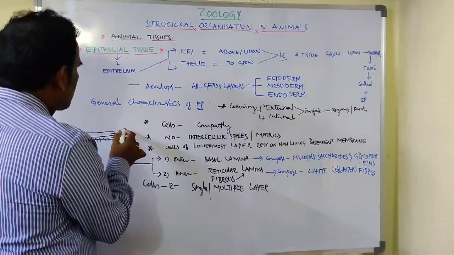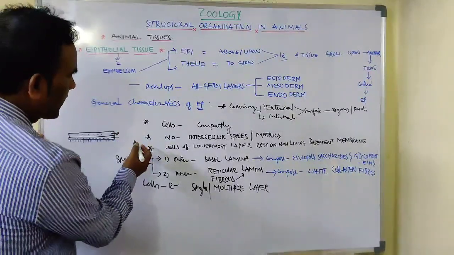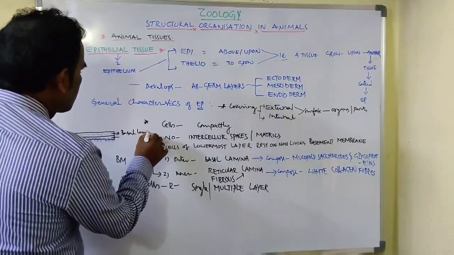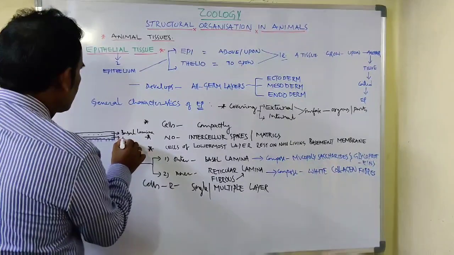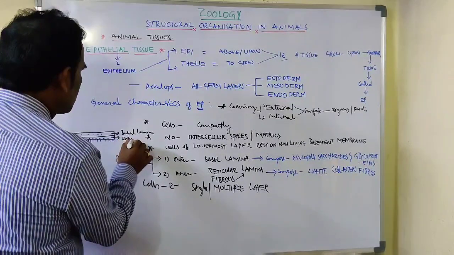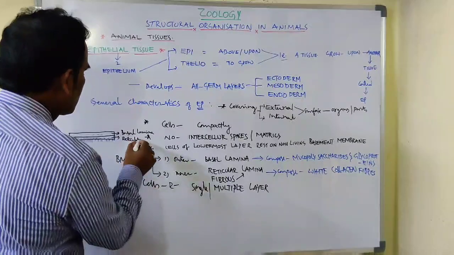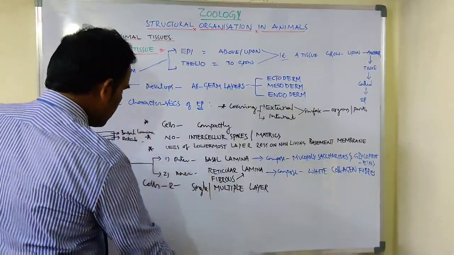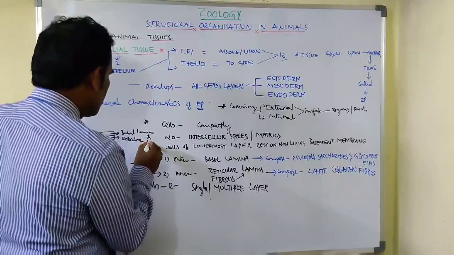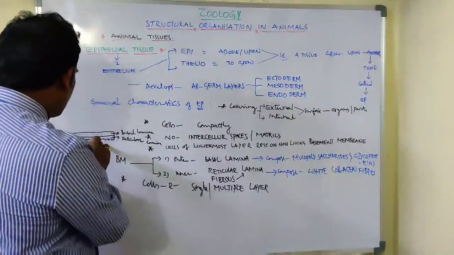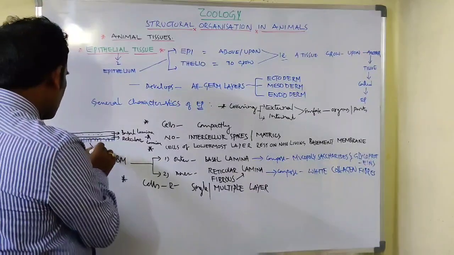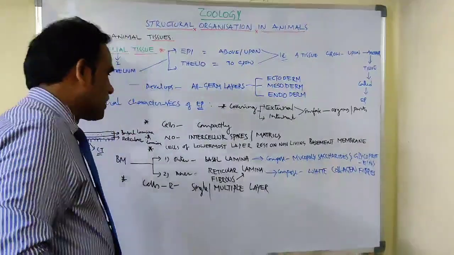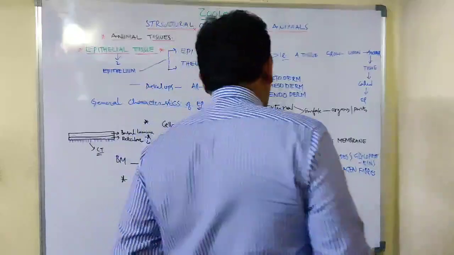The outer we call basal lamina. The inner is reticular lamina. And this part we can call connective tissue. That means it lies upon the connective tissue with the help of the non-living basement membrane.